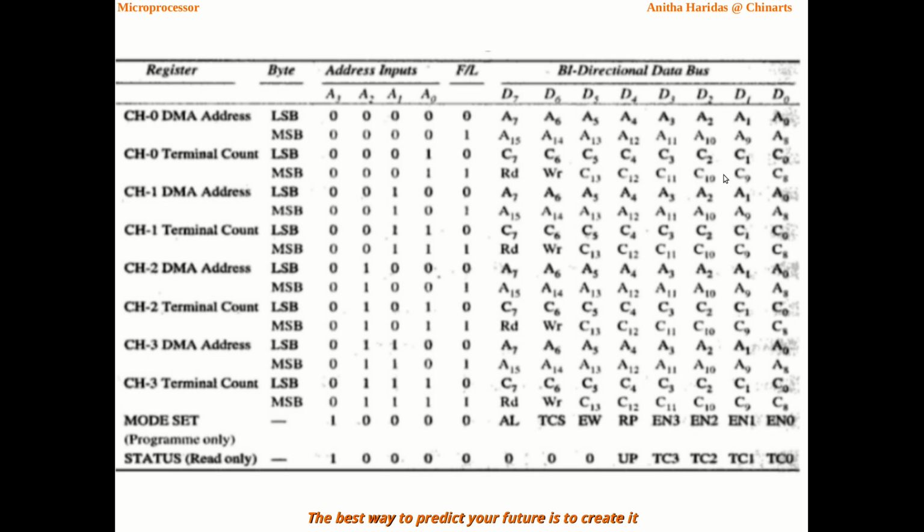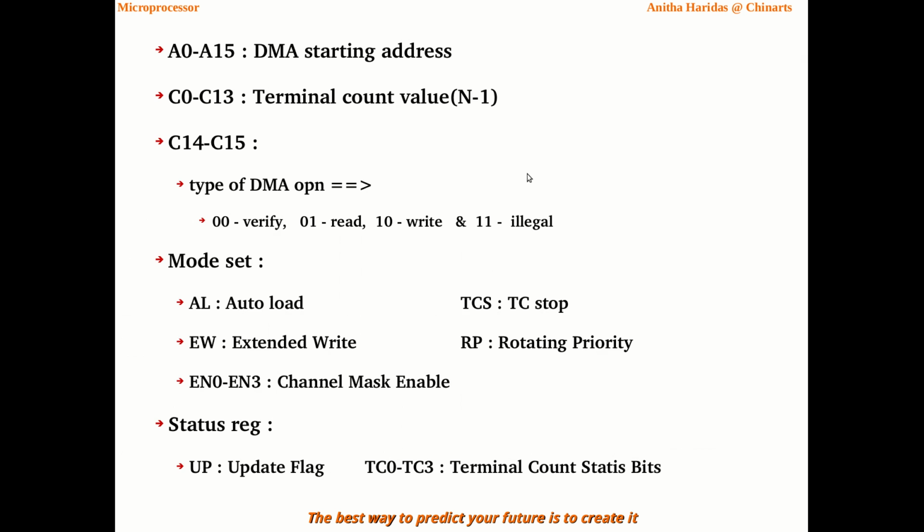This is how the 16 bits of the terminal count register will be stored. You can see here C0 to C13 is used as the count value, and C14 and C15 will be used for the DMA operation. So if it is 00, it is the status checking. If it is 01, it is the read operation.